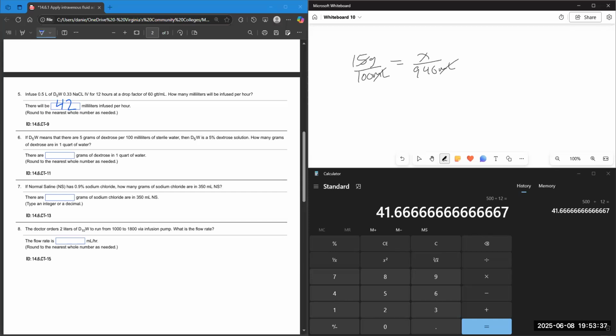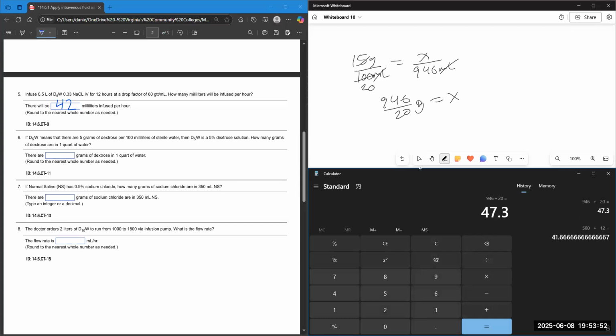So 5 goes into 100 20 times. 946 over 20 grams is what x is. 946 over 20 is 47.3 grams.